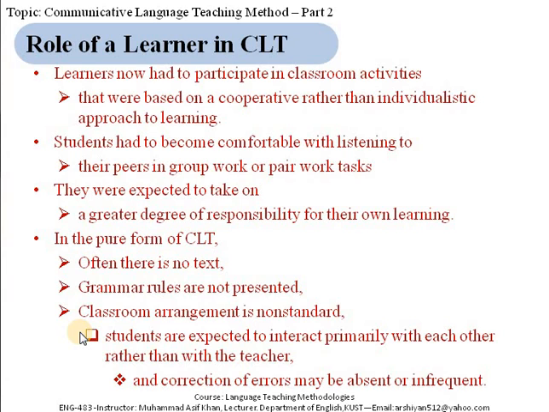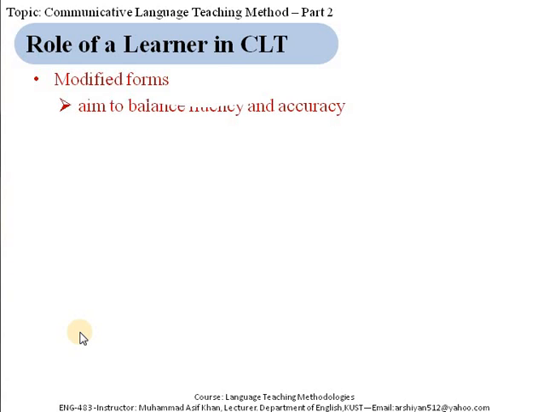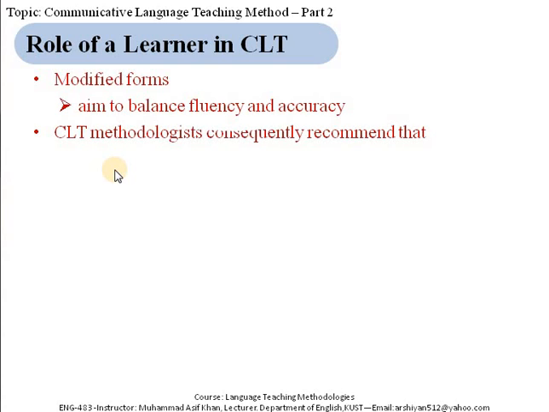But in modified form, CLT aims to balance fluency and accuracy, as we defined in the characteristics. Sometimes we feel that the CLT method does not have a balanced view about fluency and accuracy, and most of the time the balance is tilted toward fluency instead of accuracy.